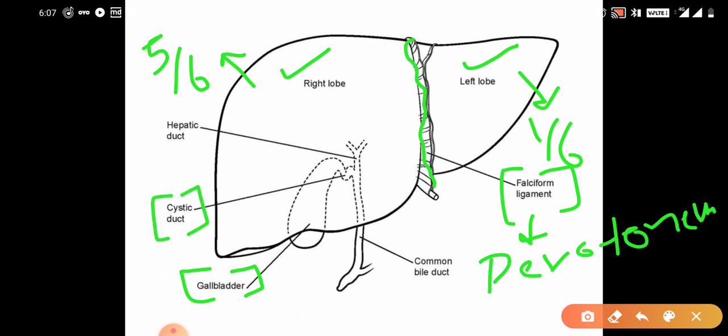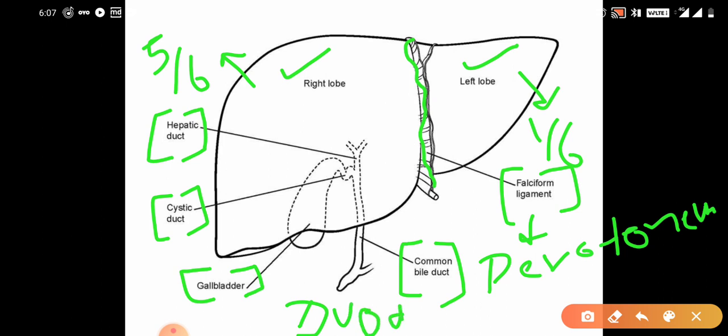Cystic duct combines with hepatic duct or common hepatic duct to form common bile duct, and common bile duct combines with pancreatic duct and opens into the duodenum, where all these things are secreted or poured for the digestion.